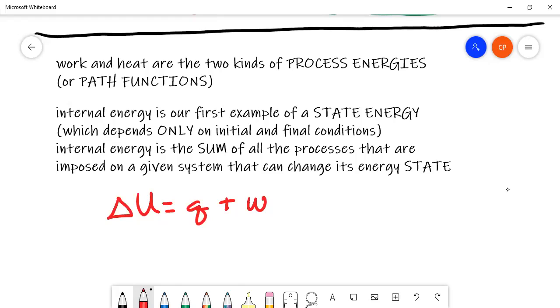That too is a fairly straightforward equation. Okay? I change internal energy by transferring heat and doing work. Questions about that? Because that's an important enough equation that I want to give a name to it.